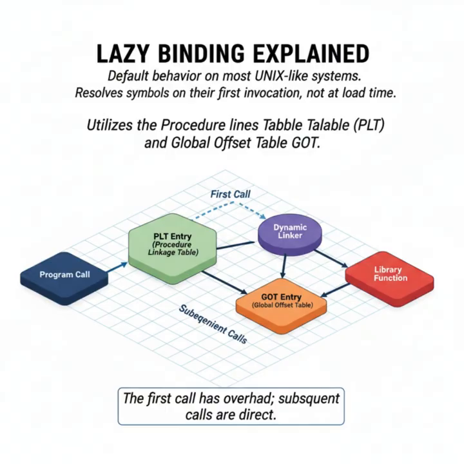Initially, a PLT entry for an external function points back to the dynamic linker itself. The first time the function is called, this indirection invokes the linker, which finds the real function address, patches the corresponding GOT entry, and then jumps to the function. All subsequent calls go directly to the function via the now updated GOT, bypassing the linker entirely.